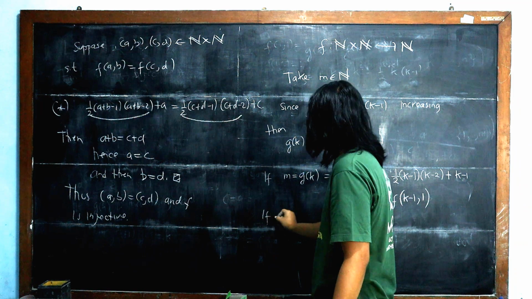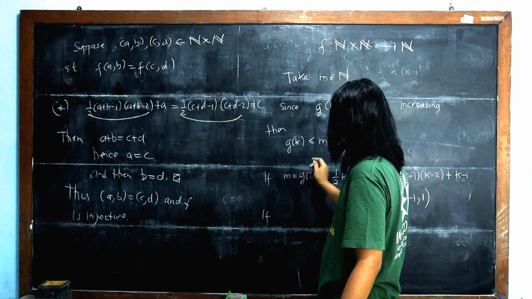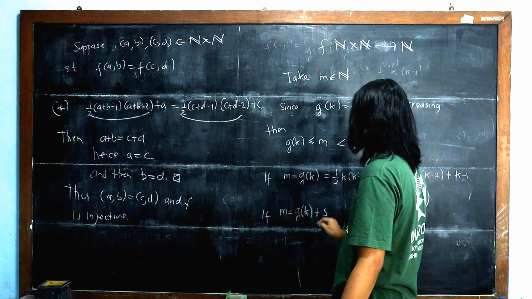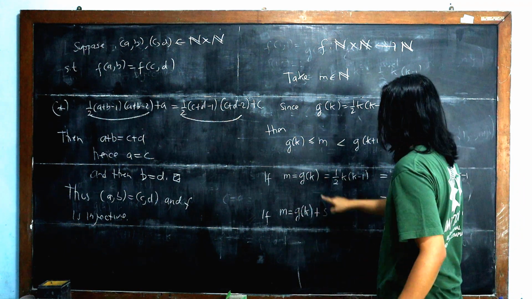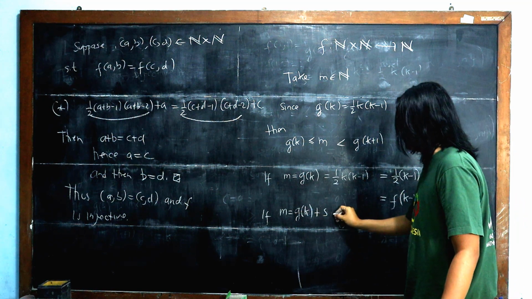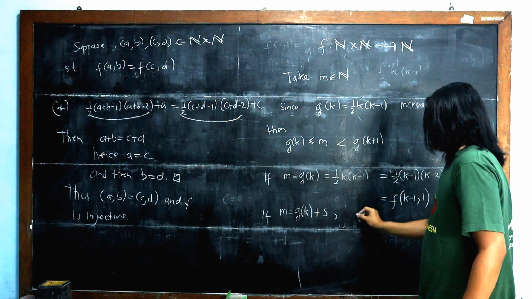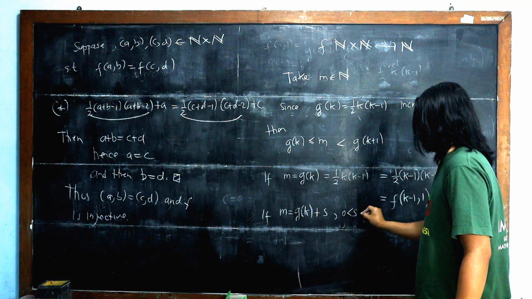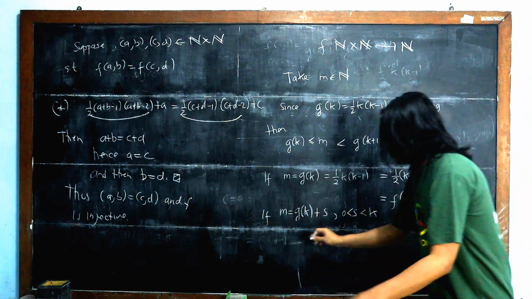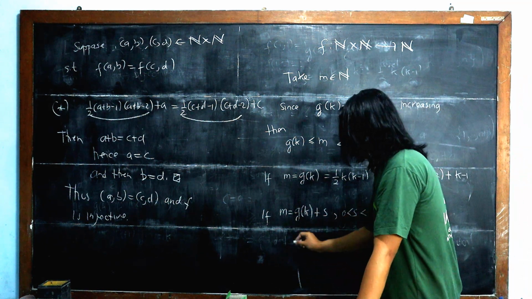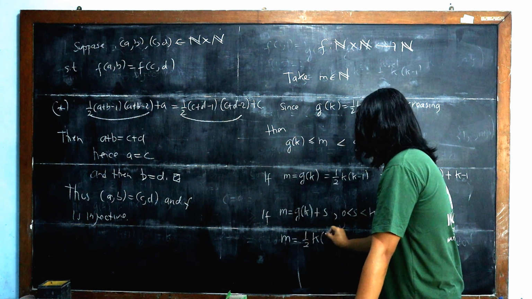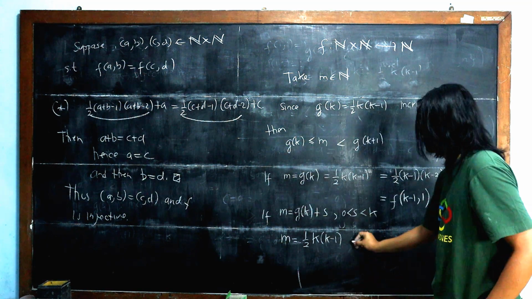Now if m is equal to g(k) plus some s, right? Because the difference between g(k) and g(k+1) is k, then s is less than k, right? So if this is happening, then m is equal to half of k times k minus 1 plus s.